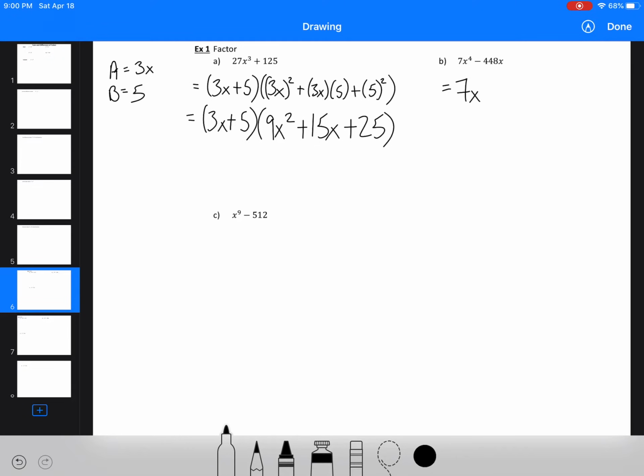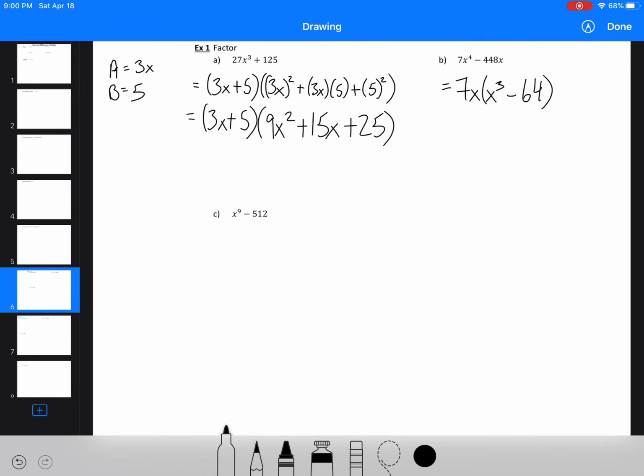All right, so let's look at the next one. One thing that we should look at here is we can actually divide out a 7x first. Now if I divide out a 7x, I get x cubed, and 448 divided by 7 is going to give me 64.